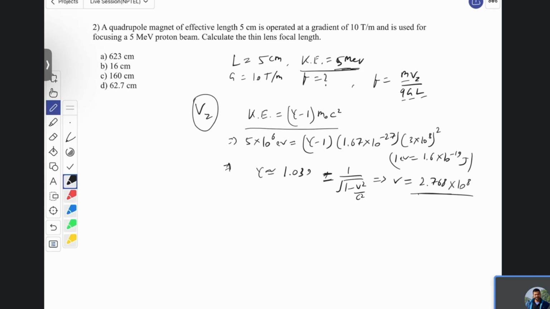Now we have velocity v, which is in the z direction.